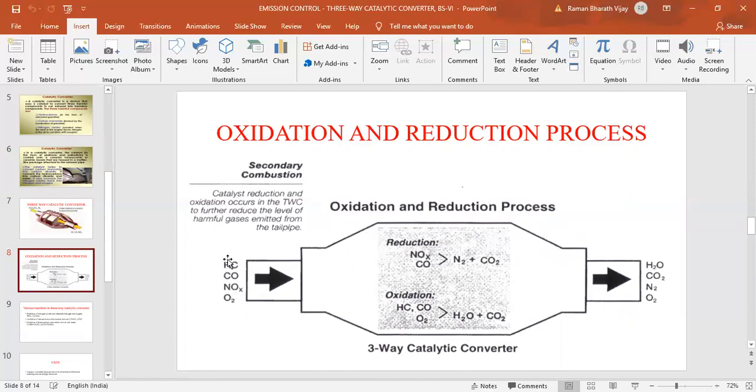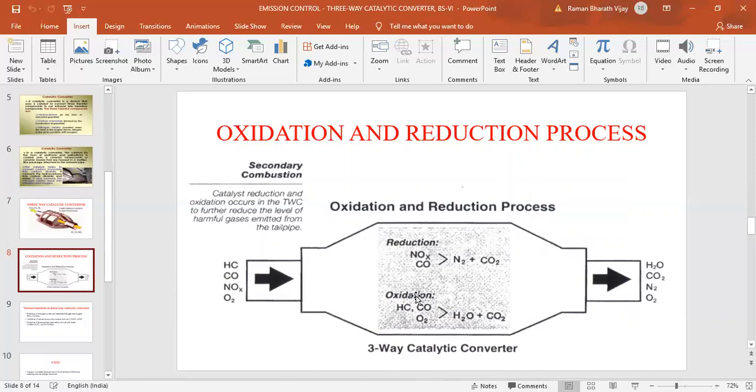When these harmful gases enter the three-way catalytic converter, the reaction takes place, divided into reduction and oxidation. In the reduction process, nitrogen oxides are converted into nitrogen molecules and carbon dioxide. Here the hydrocarbon does not play a vital role.